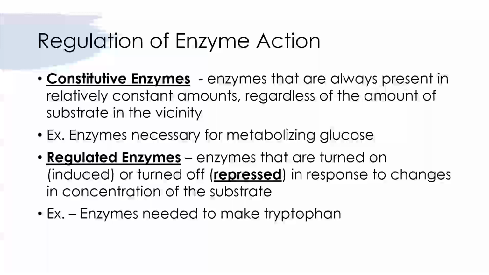One example is the enzymes needed to make tryptophan. Tryptophan is an amino acid. If we have a bunch of tryptophan, there's no point in making more of it with the enzymes that make it. So we can turn it off, and then once the level of tryptophan drops down, we can turn it back on again. It's all about efficiency and using your resources wisely.